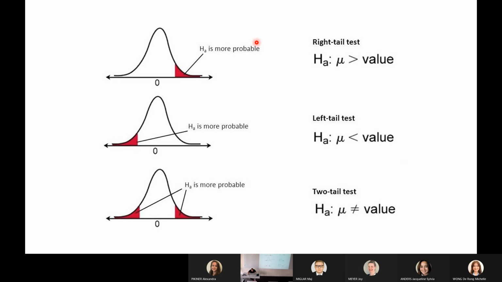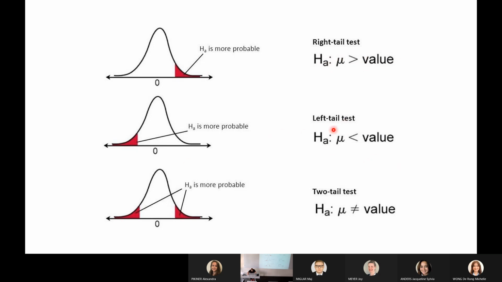We have 3 types of tests: a right tail, a left tail, and a two-tail test. The right tail test will always be that the mean is higher than a value. That's what we want to prove, H1: the mean is higher than the value.